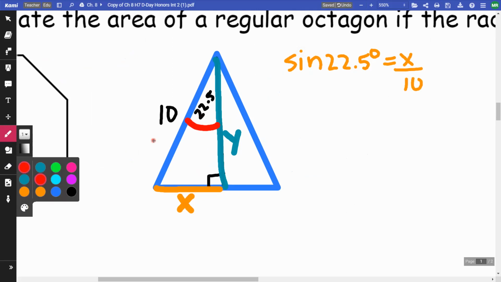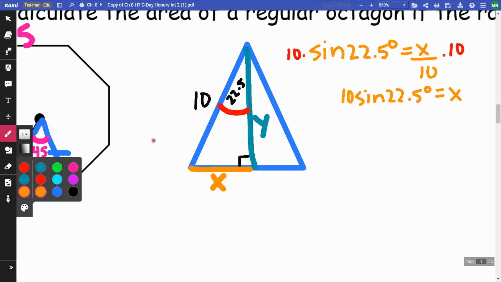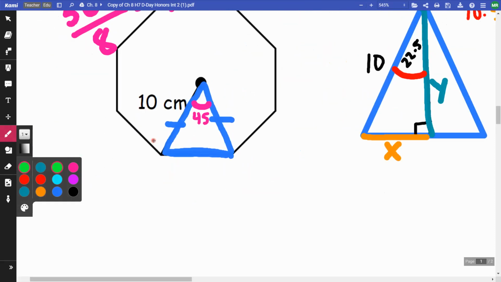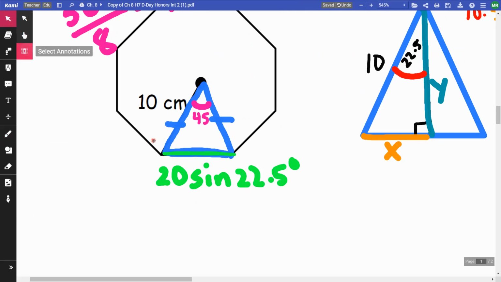I am going to multiply by 10, and I'm going to get 10 sine 22.5 degrees equals x. And that means that orange is 10 sine 22.5, and all the way across this in green would be double that. So it's going to be 20 sine 22.5 degrees.